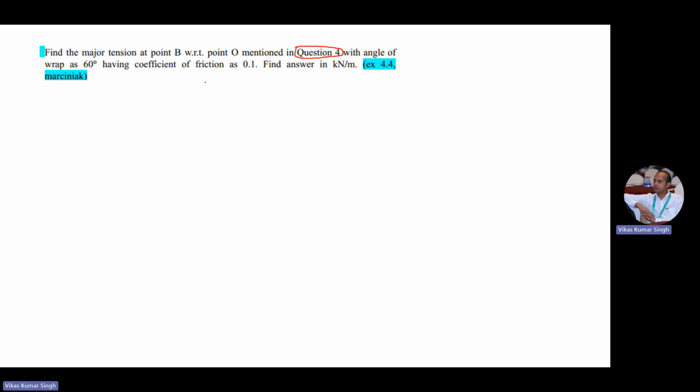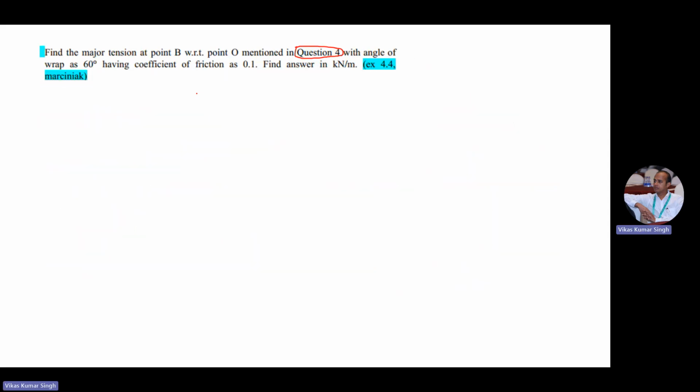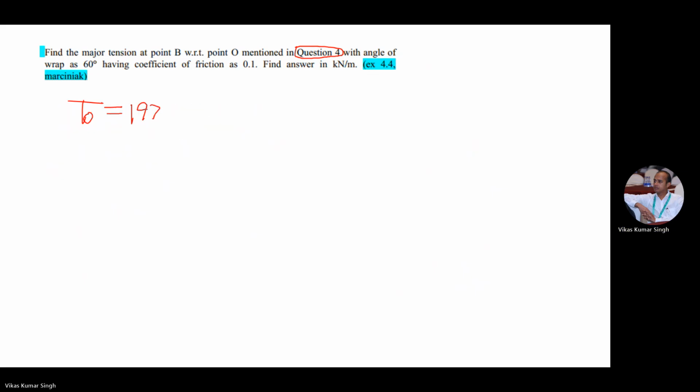In the previous question, this one was the slack side and we had to find the tight side. So here, T naught is again given as 197 point something, this value.